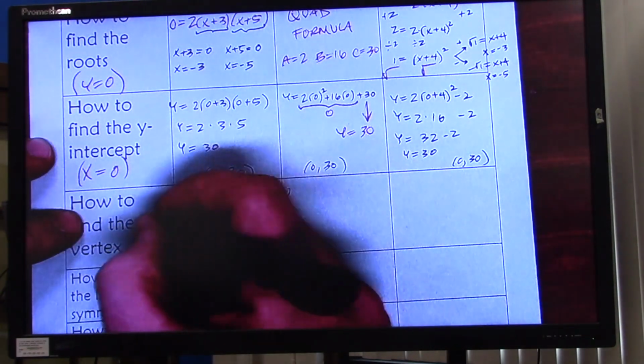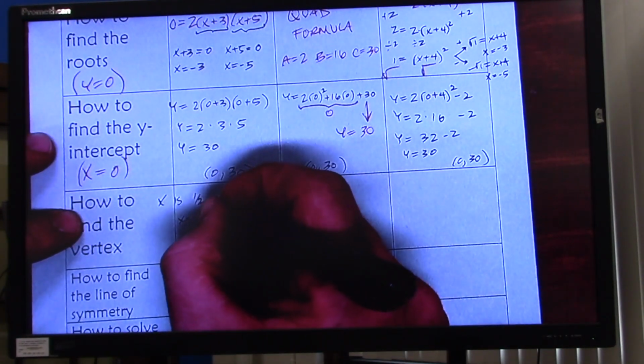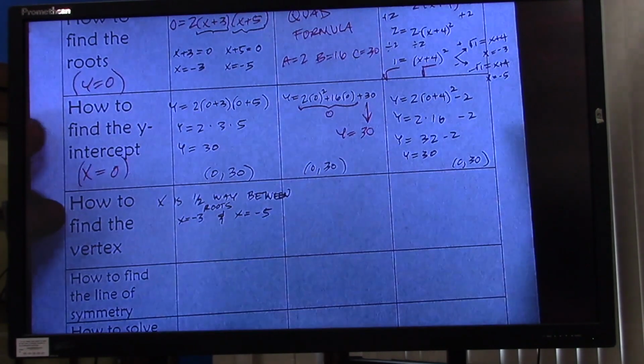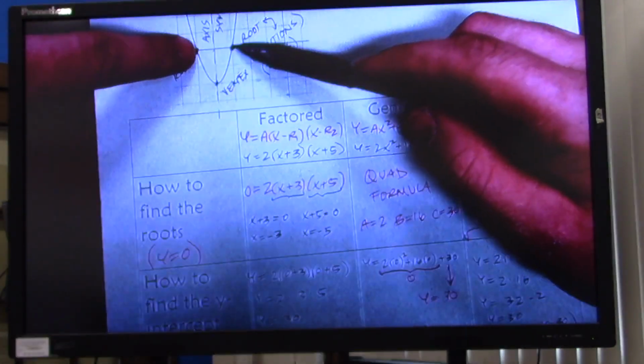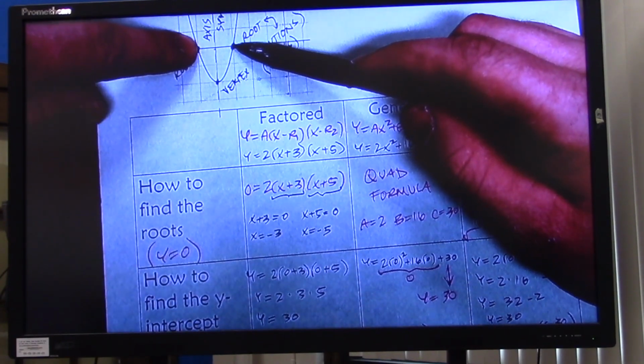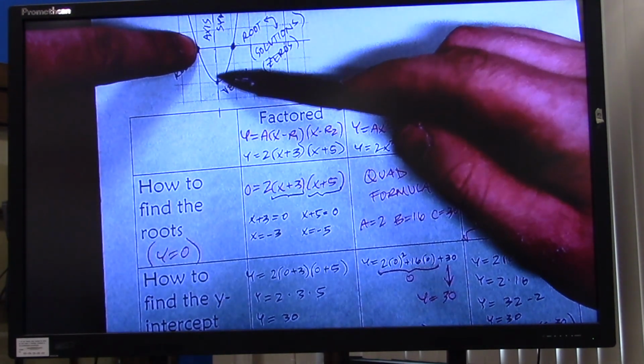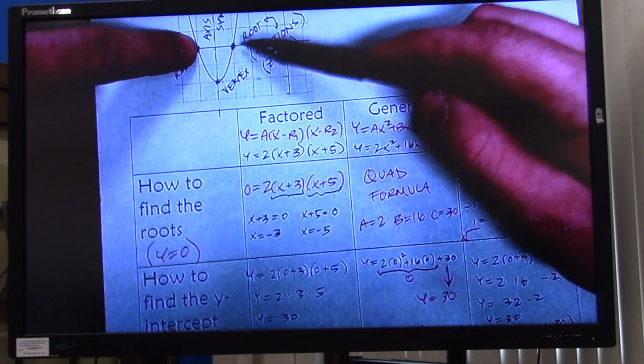I should actually write that. Meaning, if you know where the roots are, these 2 points right there, you should be able to figure out the middle is going to be the x of the vertex.